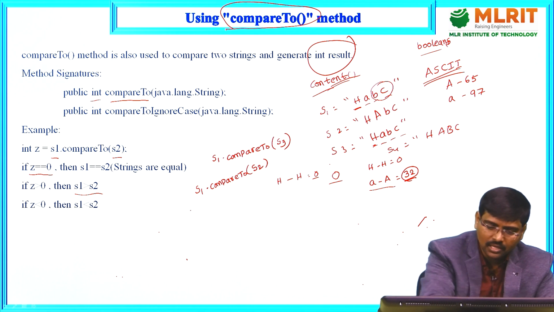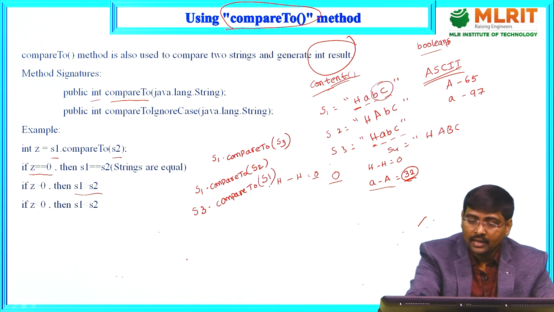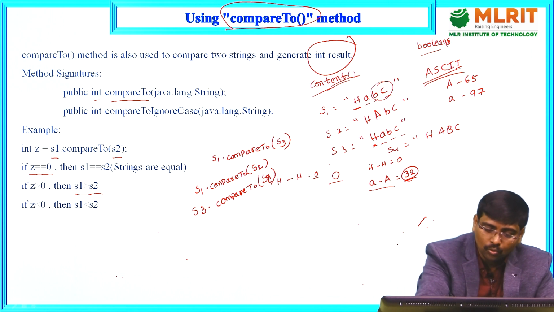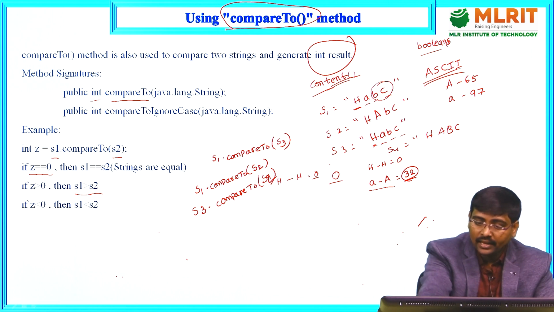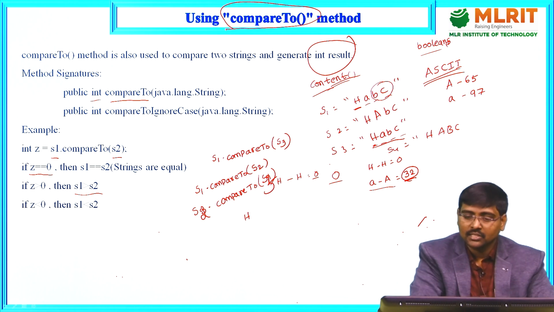Now, for example, consider one more string H, or else consider the same string S3. S3 dot compareTo of S1, S3 dot compareTo of S2. What is S3? H. Or else take S2 and S3.